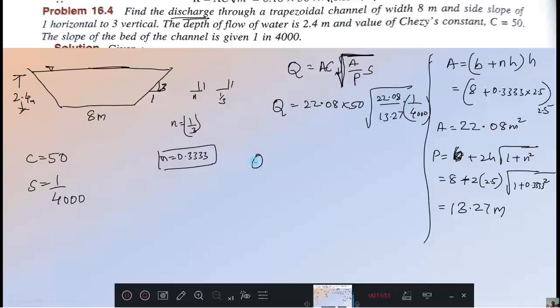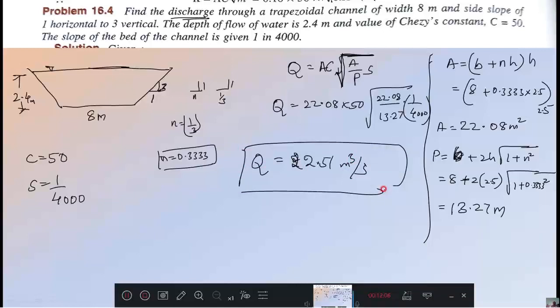Okay, then the Q will be equal to, the answer I got here is 22.51 meter cube per second. A little variation in the last digit or in the decimal is acceptable.